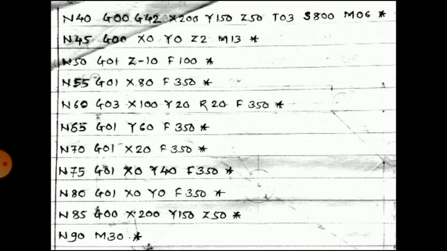So now go up to X80 horizontally, cutting the outer profile. N60, that is G03 X100 Y20 R20 F350. So go to X100, Y20.